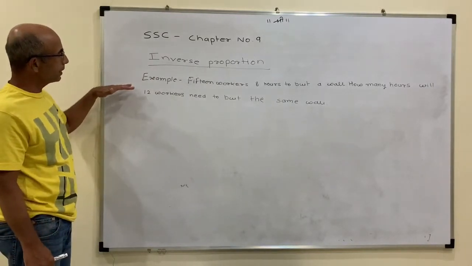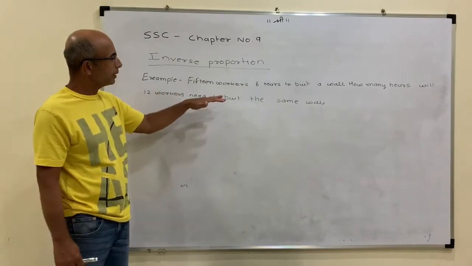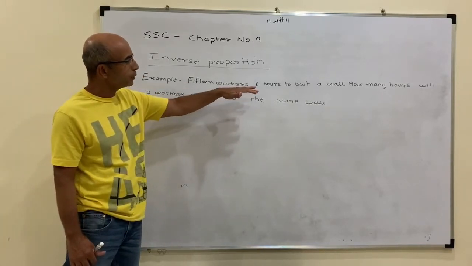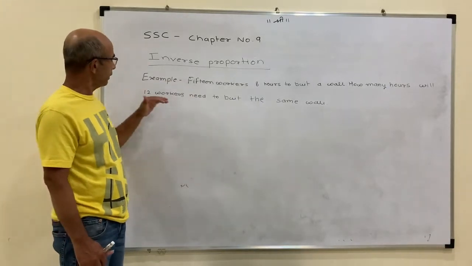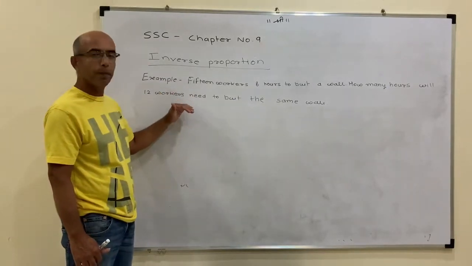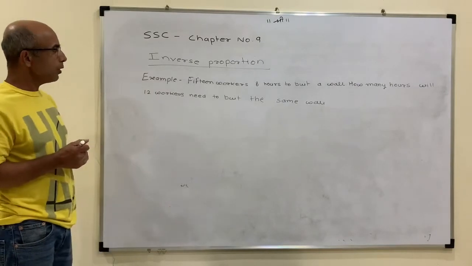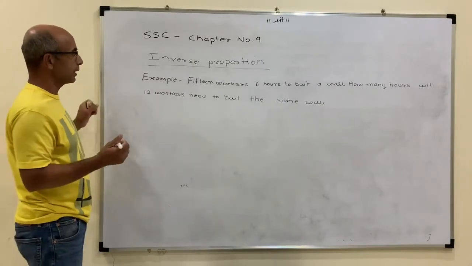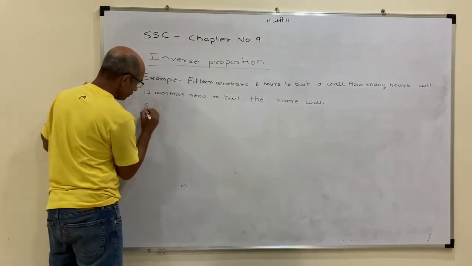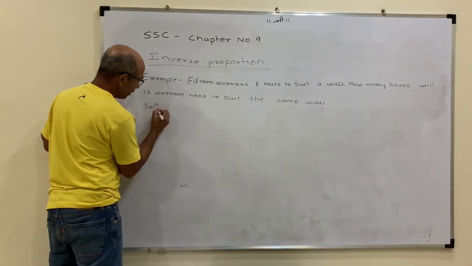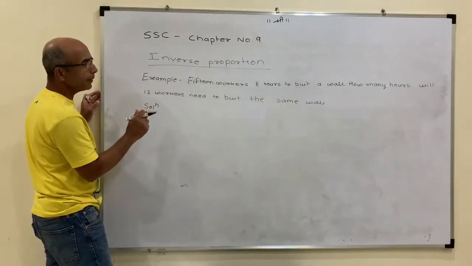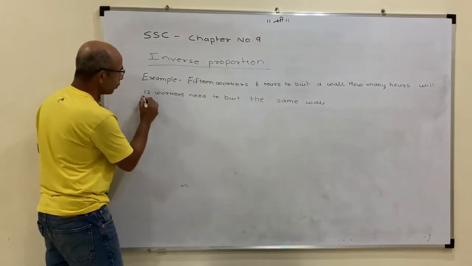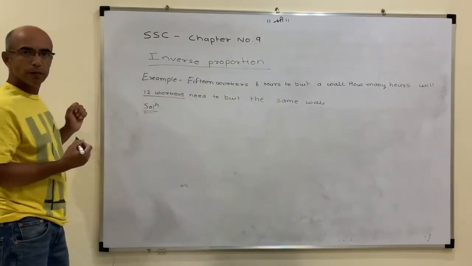Now what this example says: 15 workers take 8 hours to build the wall. How many hours will 12 workers need to build the same wall? First we need to understand the solution. What is to be found? The time required by 12 workers to build the wall.